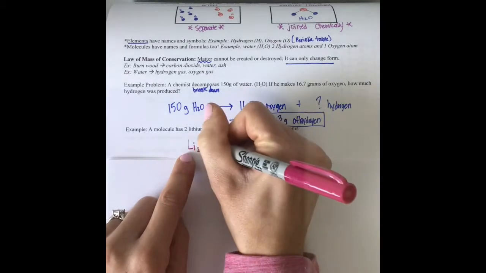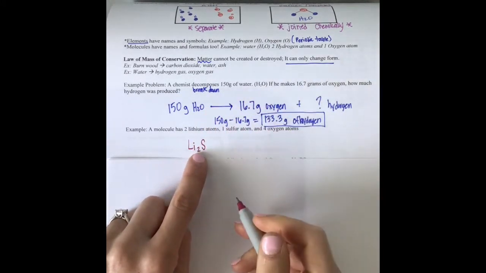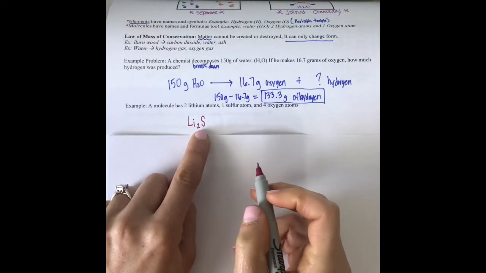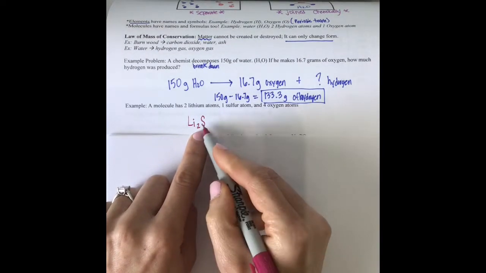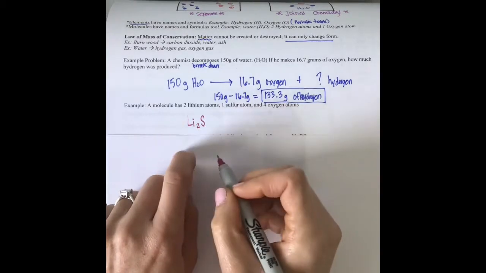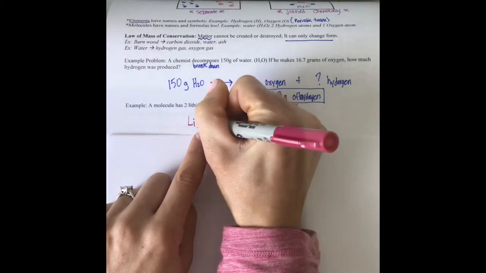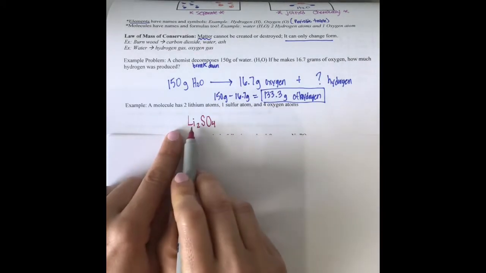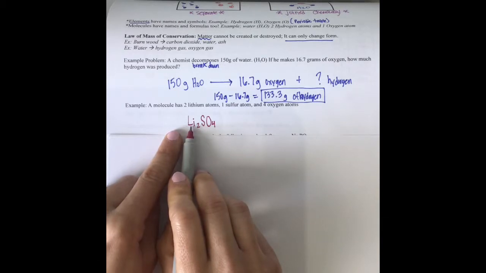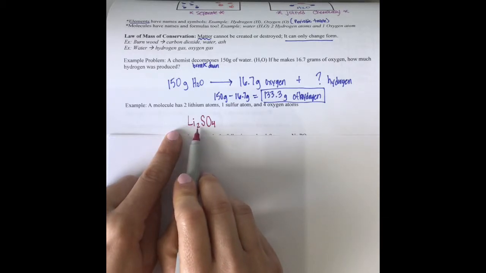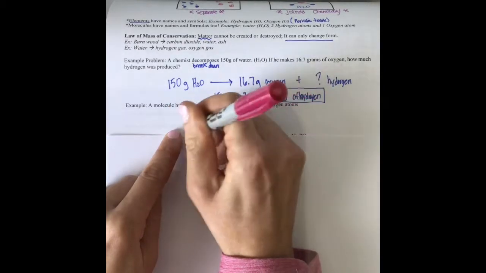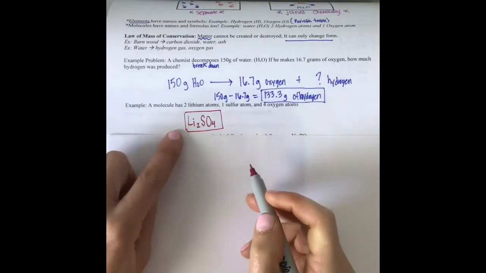It says we have 1 sulfur. You do not need to put the subscript 1. It's kind of just implied that if I have an S, there's 1 of them. And I have 4 oxygen, so I put O4. So all you do is take the proper element symbol and then tell how many from the problem using subscripts. So that's how you would write this as a molecule.